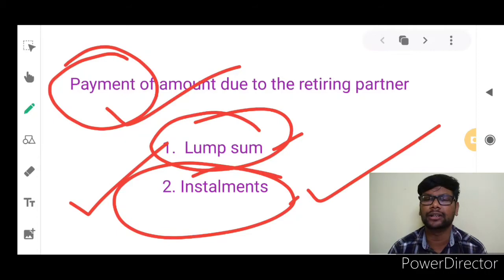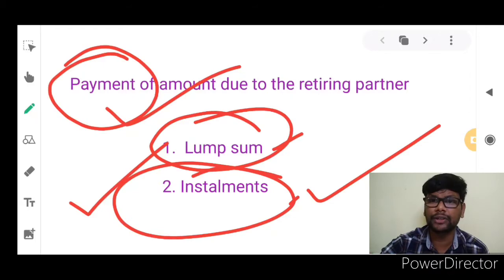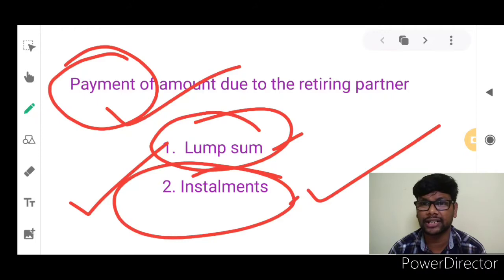The retiring partner's loan account will be shown on the liability side of the continuing partners' balance sheet. They are responsible to pay that money with interest to the partner who is retiring from the partnership firm.